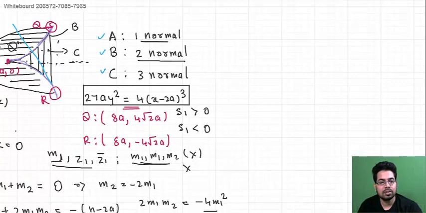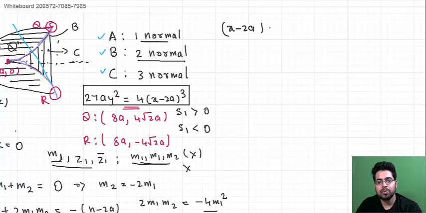If this is my curve, so parametrically I'll take x minus 2a equal to 3at square, and y to be equal to 2at cube.